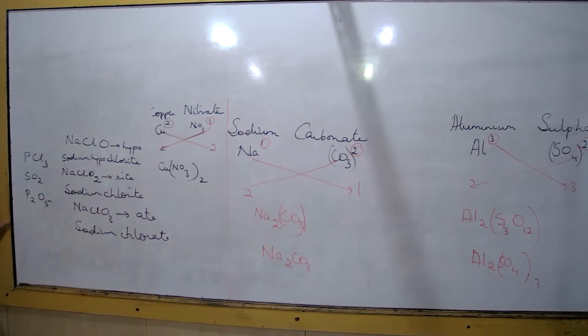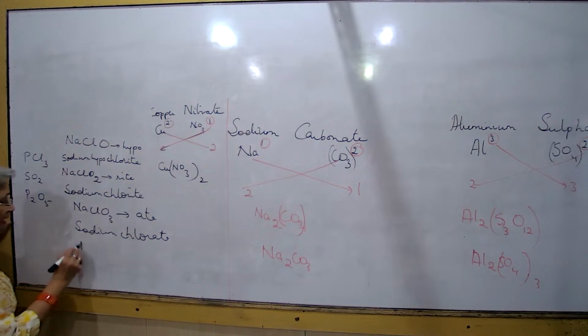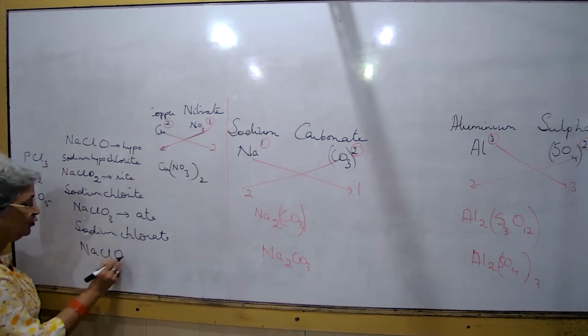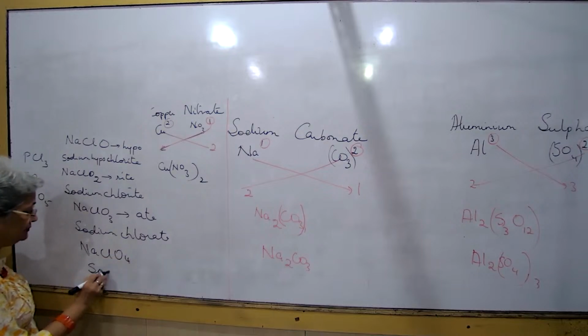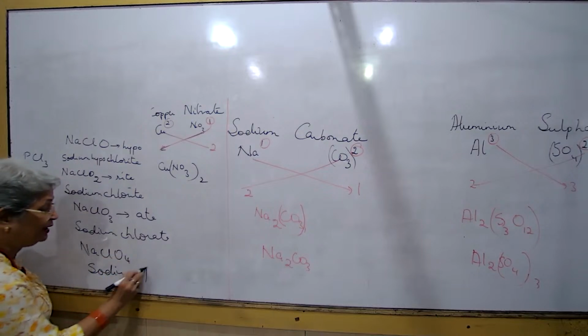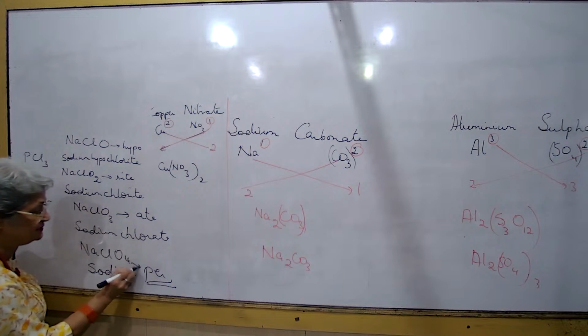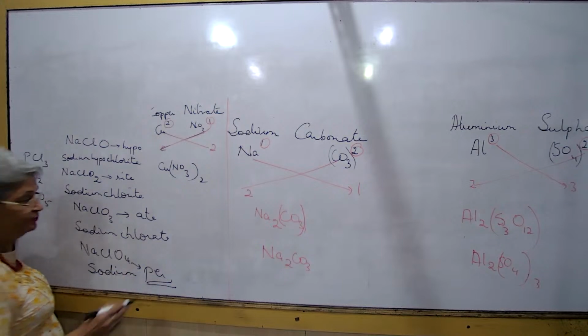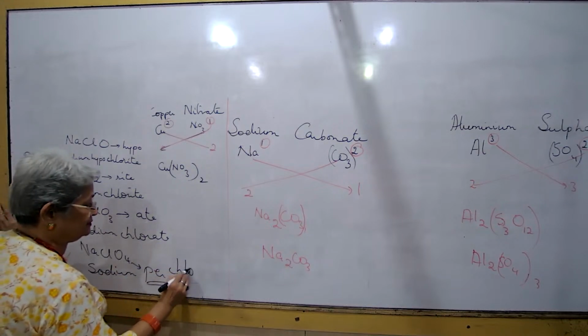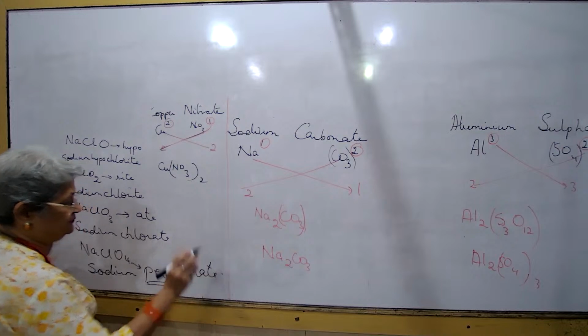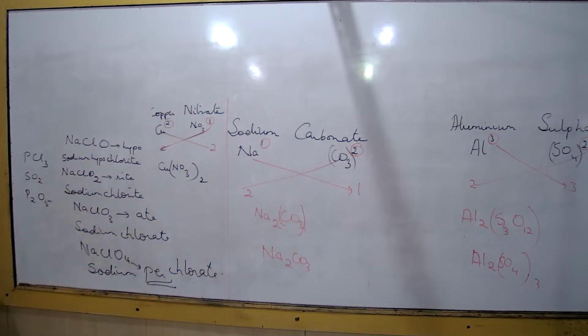And if it's 4 and more, perchlorate. So it is NaClO4, sodium perchlorate. Per means 4 and more than 4. Correct?